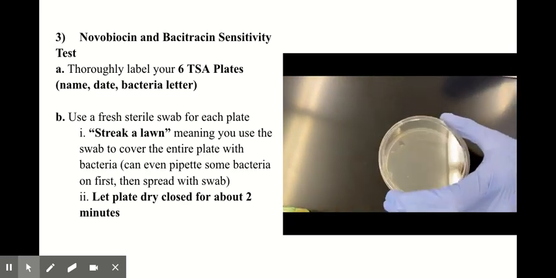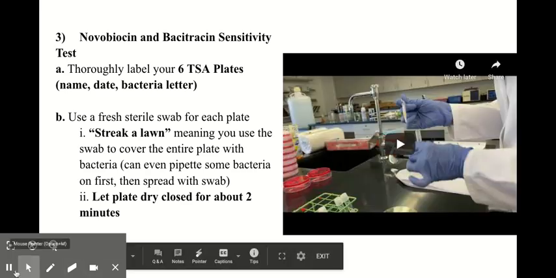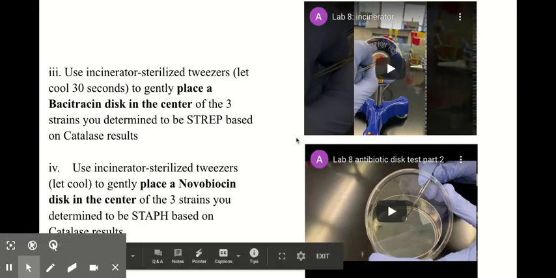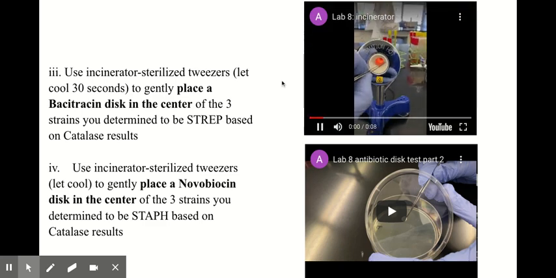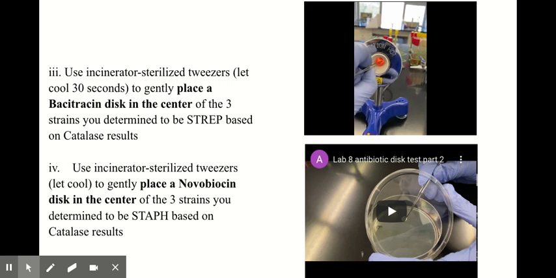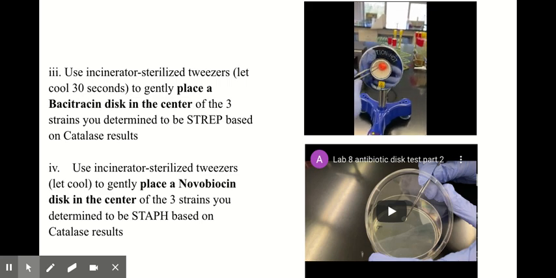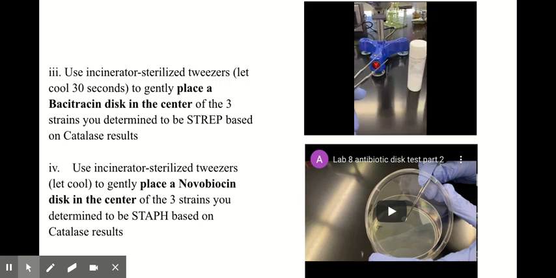And then you're going to let that dry for about 2 minutes. After that's dry, you're going to use the incinerator to sterilize a pair of tweezers. And then you let that cool for about 30 seconds.